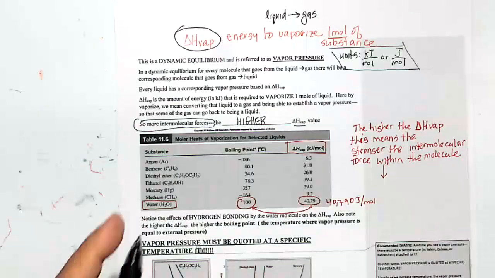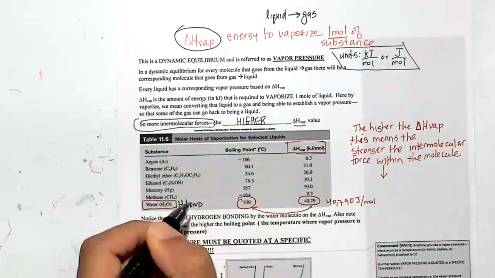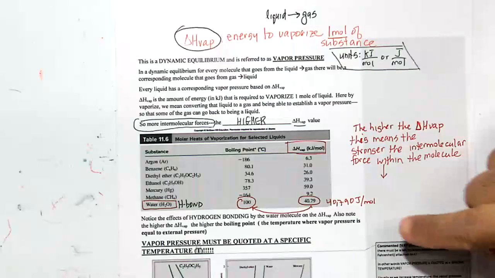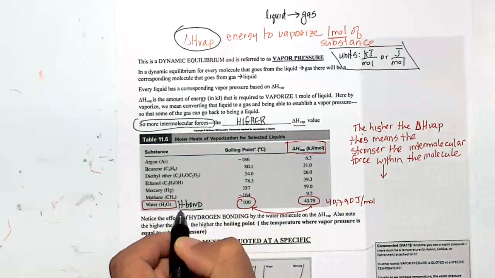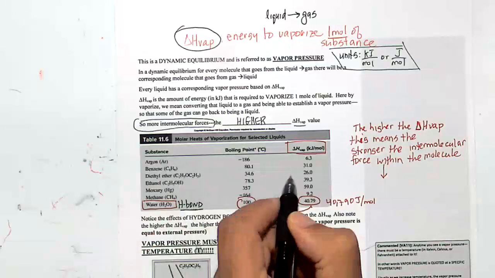Where's all of that heat going? It's going to disrupt the hydrogen bond within water. 40 kilojoules of energy just to vaporize 1 mole of water, and all that energy is exerted to disrupt the hydrogen bond.